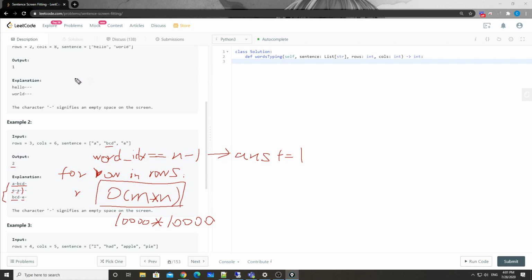The logic we're using here is that we're going to have the sentence length, and we're trying to concatenate the sentence, and every time we are at a new row, we also have a valid total length.